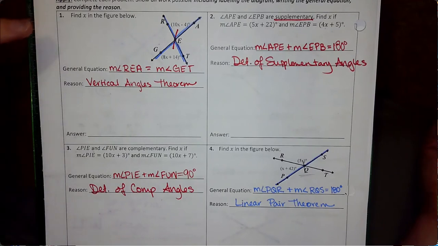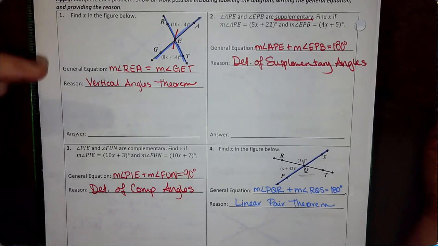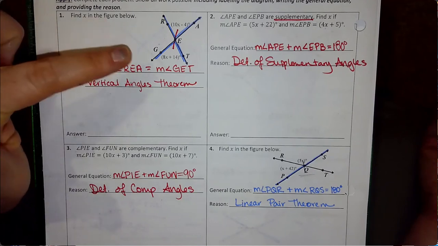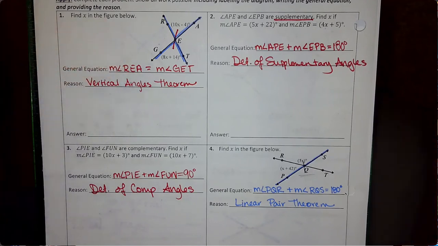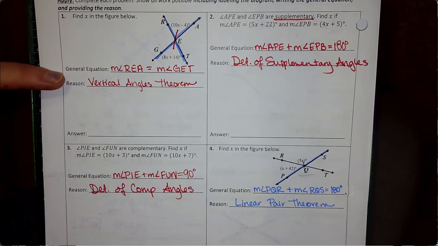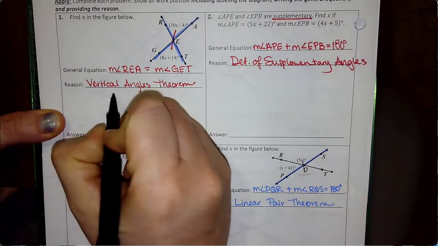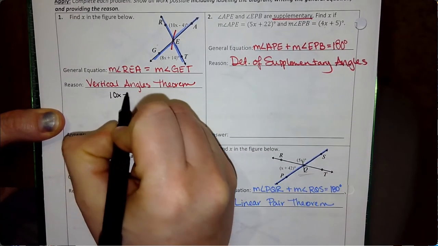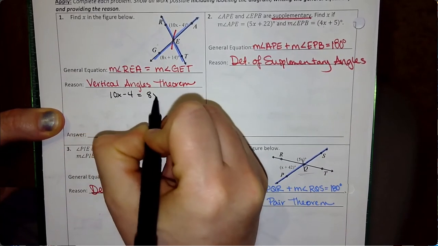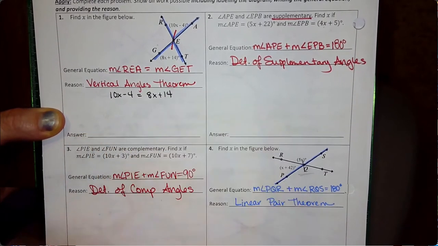So to start, on number 1, we discussed how these two angles highlighted in blue are vertical angles. We set up that the general equation was the top angle's measure equals the bottom angle's measure. We chose that order for our letters, with E being the vertex, and we chose vertical angle theorem for our reasoning. So now we just need to substitute in and then solve it.